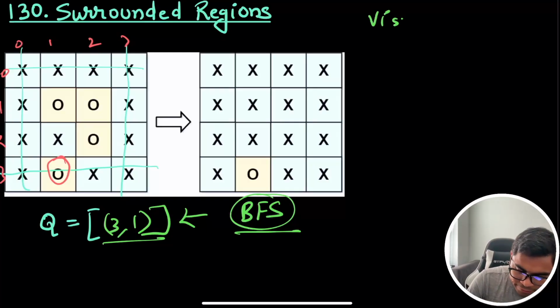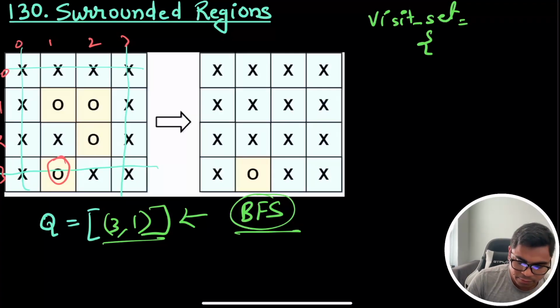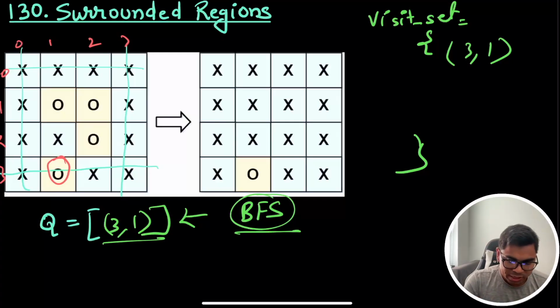So I will maintain a visit set, and in that visit set I will put all the cell values. Let's say in this case it's just 1, but if there was another cell present right here, and this was an O, then I will append one more value 0, 1 into my queue.